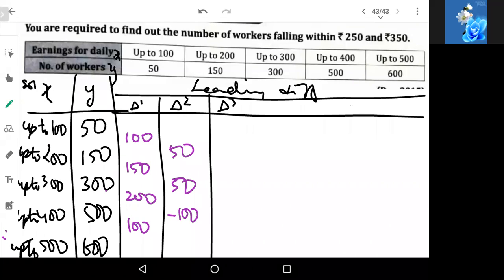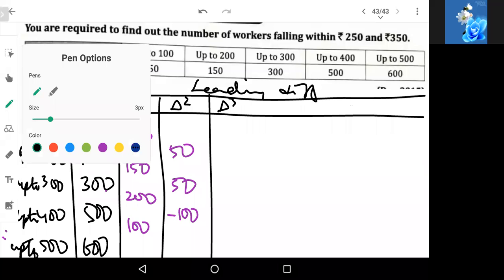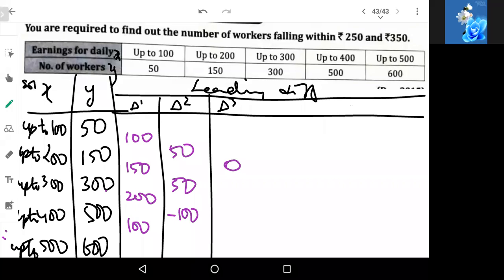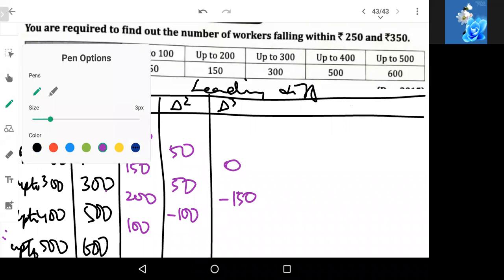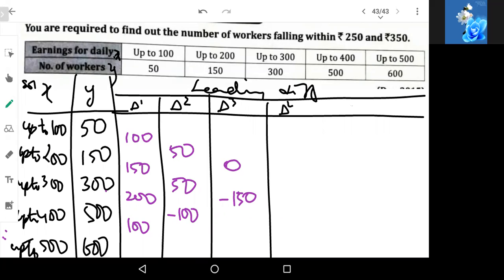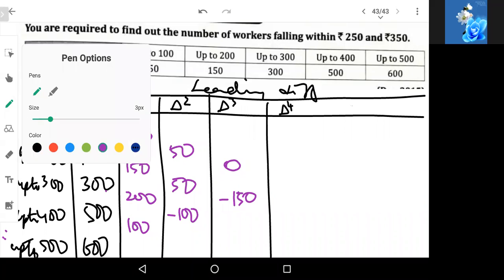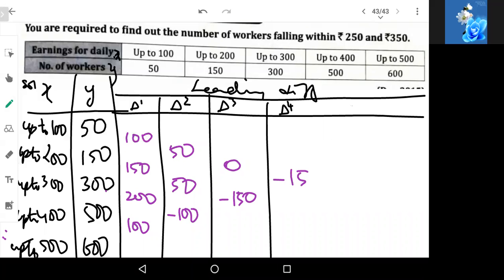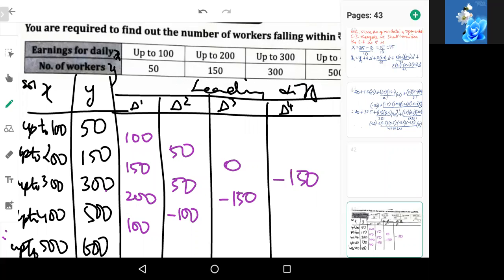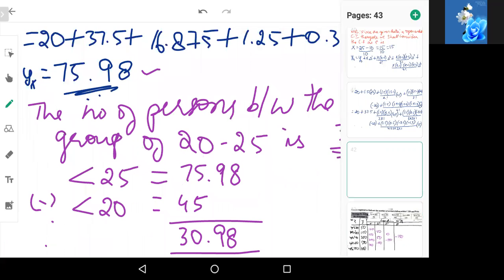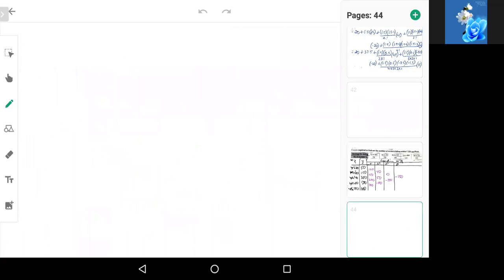Next, the third leading difference is going to be 50 minus 50, which is 0. 50 minus 100 is minus 150. Next, the fourth leading difference: 0 minus 150 is minus 150. Now, if you want, you can write the note here also, like the previous question, where they have said that you're supposed to take the value of the frequency as it is.